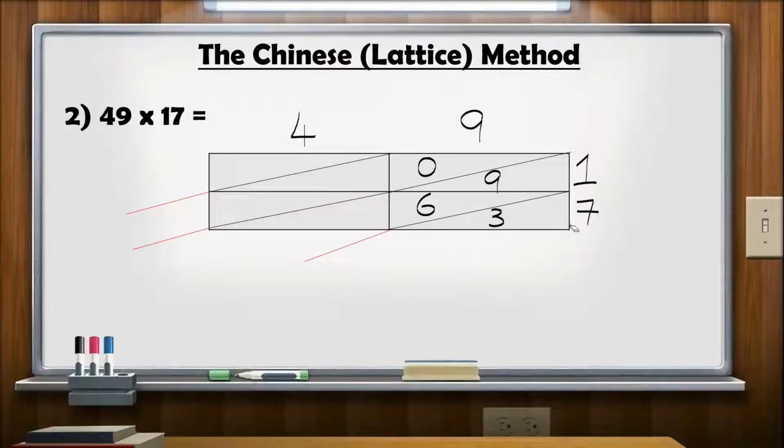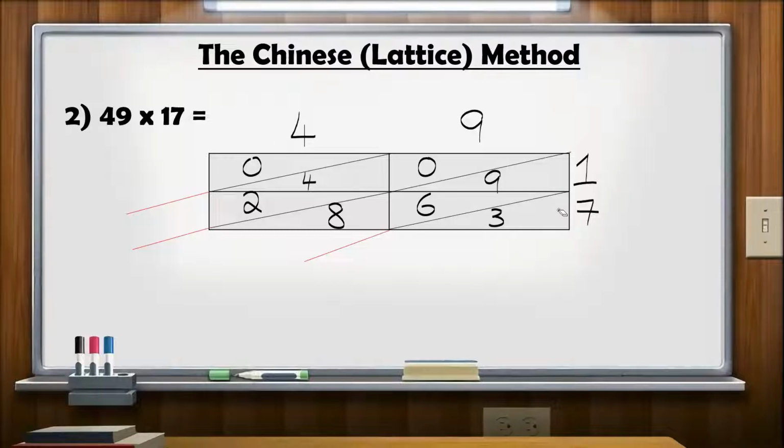Now I'm going to multiply 4 with 1, which gives me 4. So 0 tens and 4 units. And finally, I'm going to multiply 4 times 7, which gives me 28. So 2 tens and 8 units.